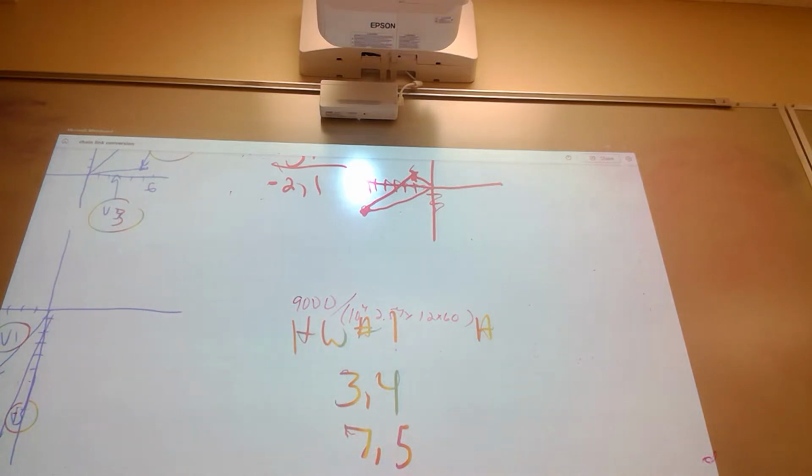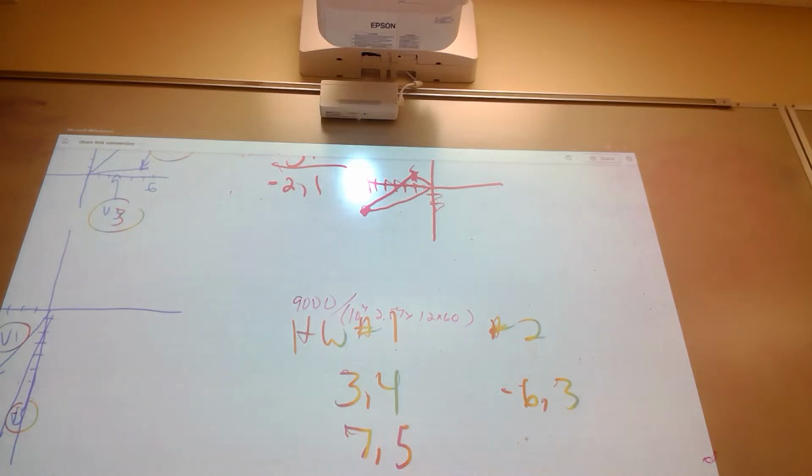Number 2, we're going to do multiple quadrants. So I want to go -6, 3. Which quadrant is that? It's the second. -6, 3 points into the second quadrant.